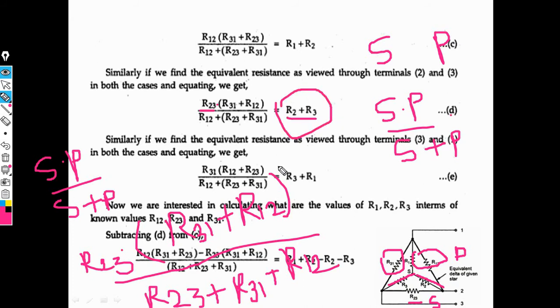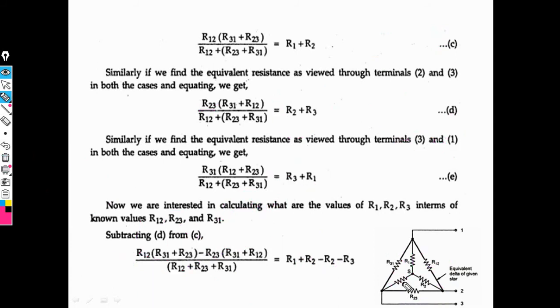Then the same for R3 plus R1. Here R3 and R1: R31 is connected in series, and R12 and R23 are connected in parallel. Then we take the addition, that is R12 plus R23 upon R12, R23 and R31.